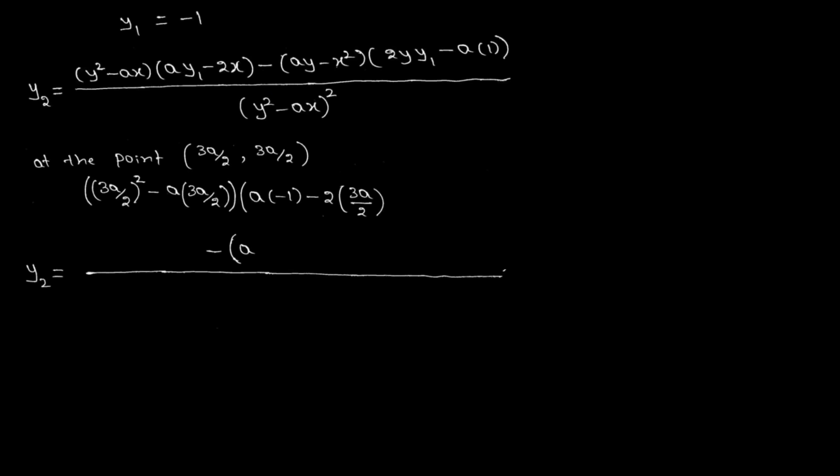Yes, here we have written minus sign. a into y, y is 3a by 2, minus x square, minus 3a by 2 the whole square. And similarly, let us substitute here 2, y is 3a by 2, then y1 is minus 1 minus a.